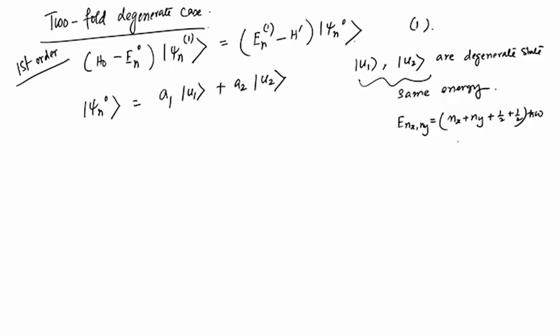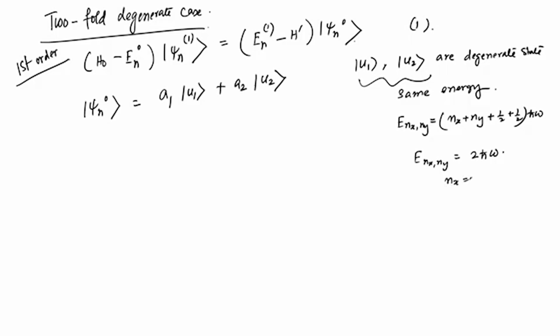Now, if you talk about the energy, so nx equal to ny equal to 0, this is 1 times h cross omega. So, let us talk about 2 h cross omega. That is the first excited state. This is just an example.